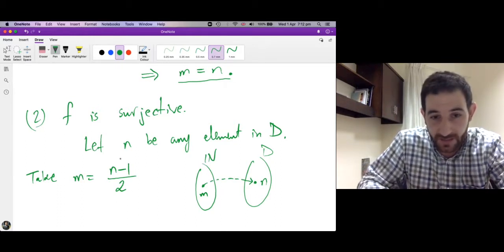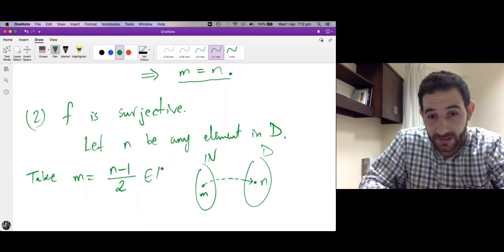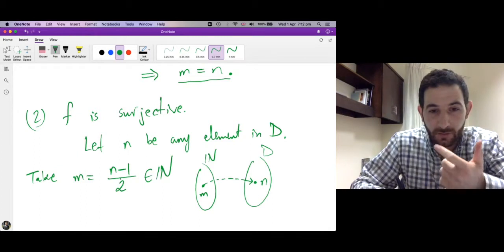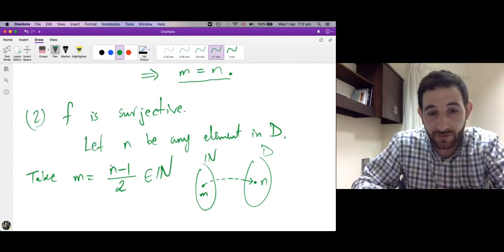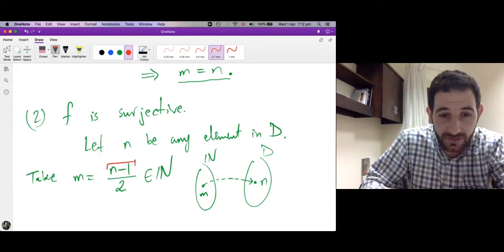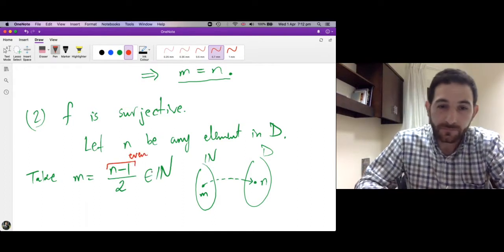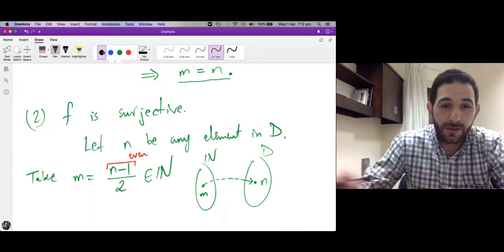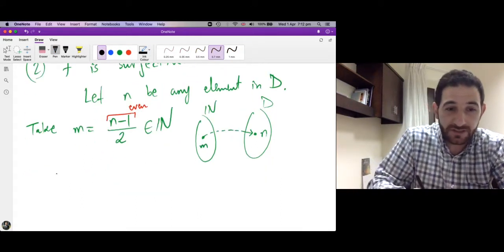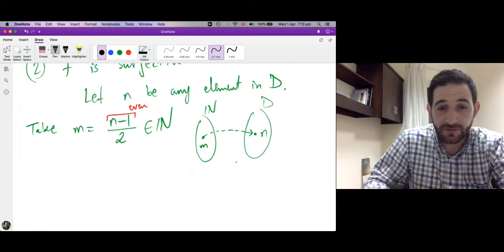This means that (n minus 1) over 2 is indeed an element of the natural numbers, because it's either 0 or positive, and it's a whole number, because n minus 1 is even. Now take this m. We claim that m is a pre-image. Let's check that m is the pre-image of n.